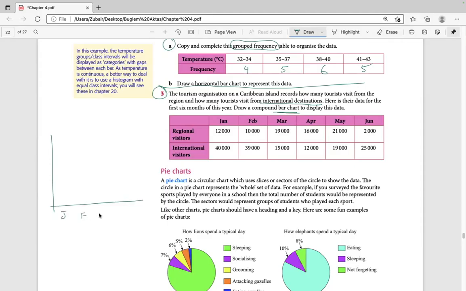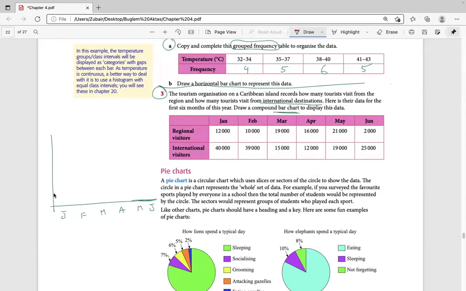January, February, March, April, May, and June. I'm writing the numbers on the y-axis. And I can see the smallest value is 2000 and the highest value is 40,000 in this case.